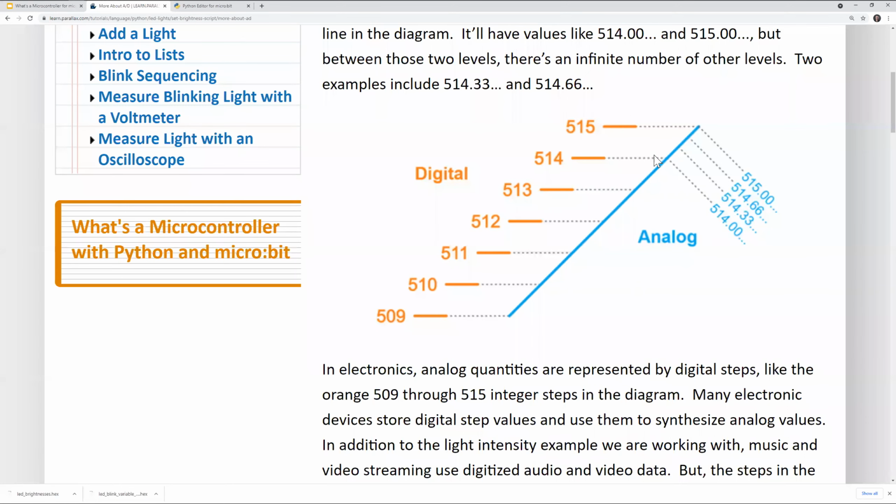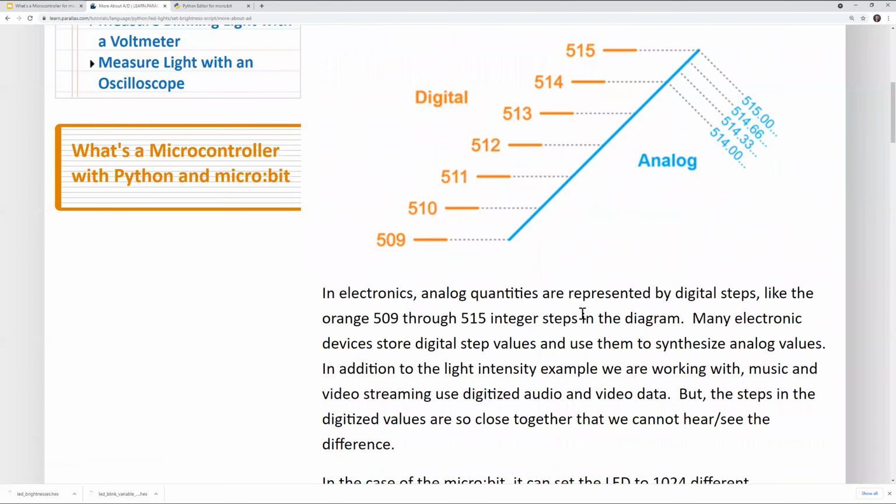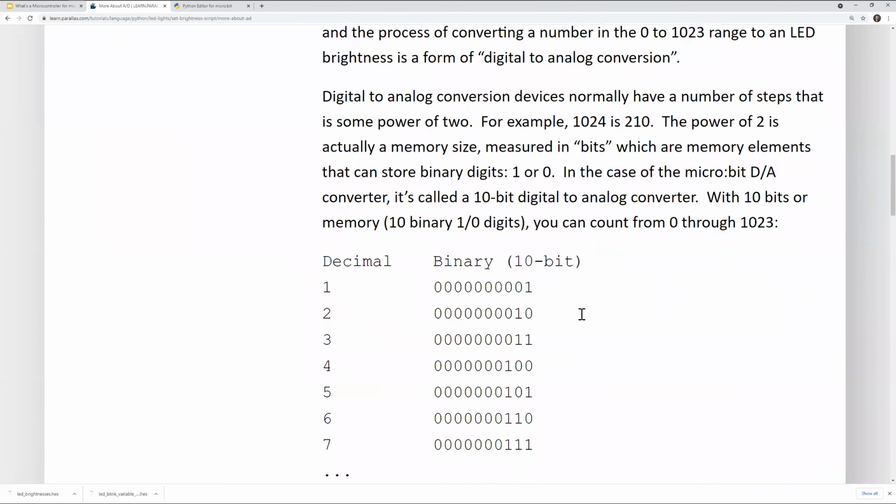Like instead of 514 to 515, we might be able to get 514.333333 or 514.666666. But with a D to A converter, we start with a digital value, and in a truly continuous analog range, we get certain levels. It's just that the levels are so small that the eye cannot detect a change in level.